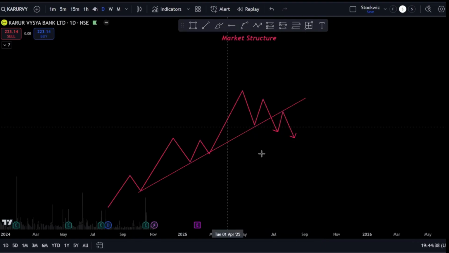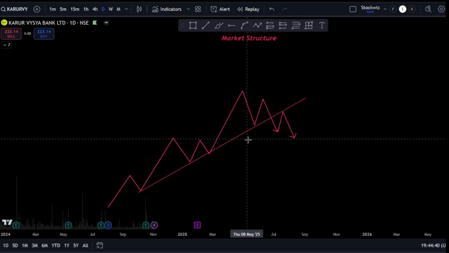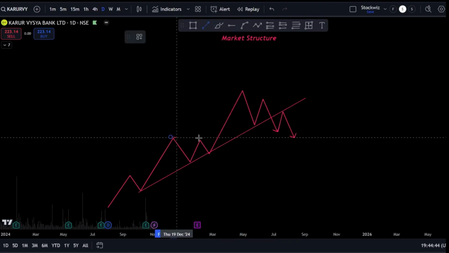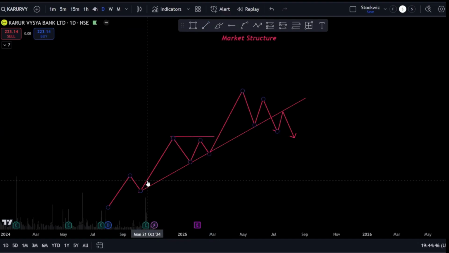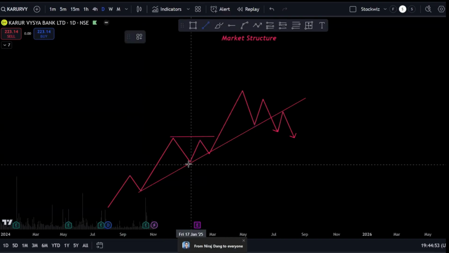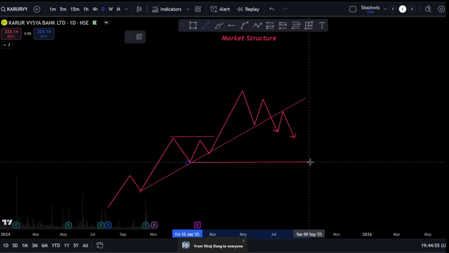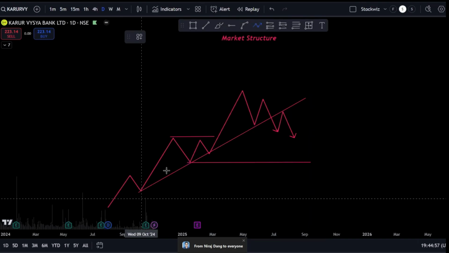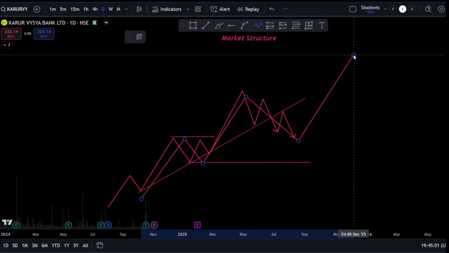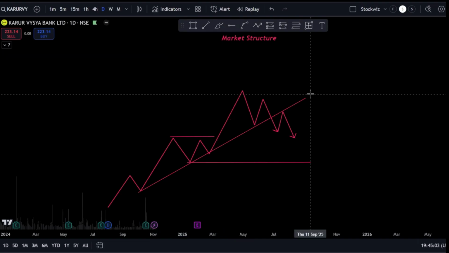Yes. But question yourself, what is the market structure over here? If this was our breakout structure, is the market structure bearish or is it still bullish? Bullish, because this is our previous higher low, which we are protecting: high, higher low, higher high. Most likely we will get a higher low followed by this, correct?